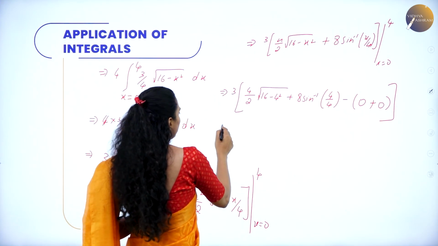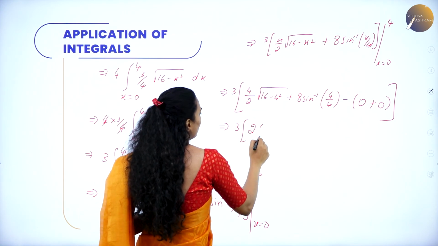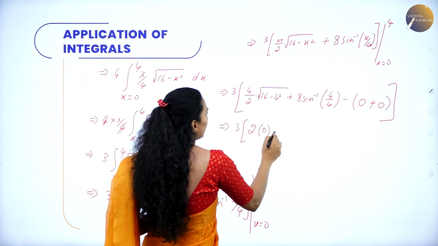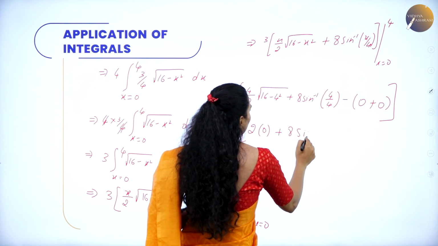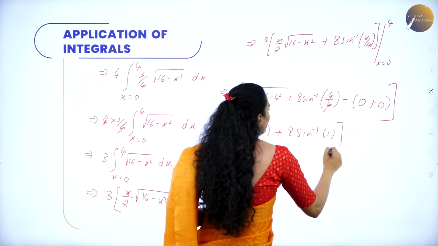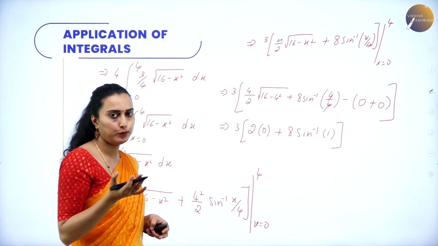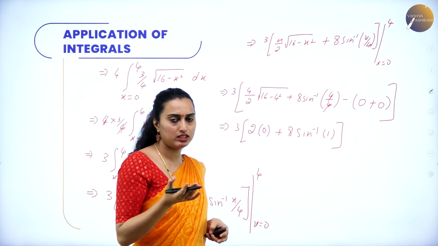Now you can have simplification. 3 into 4 by 2 is 2, into 0, because 16 minus 16 is 0, plus 8 into sine inverse of 1, as 4 will get cancelled. Now you know sine inverse of 1 is nothing but what? Which is pi by 2, sine 90 degrees, isn't it?